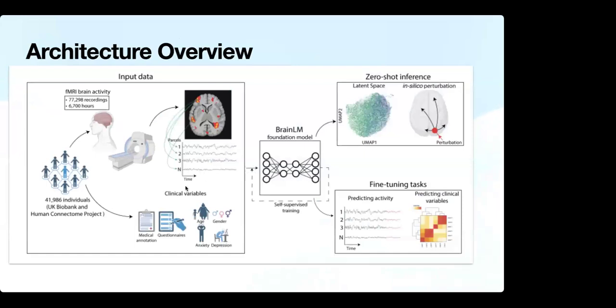So you can see where it says input data, and you see the image of the brain with these little orange regions. So what I'm guessing that they did, which they didn't explicitly state in the paper, was I think they just took the average activation record for a parcel and used that as the time course.